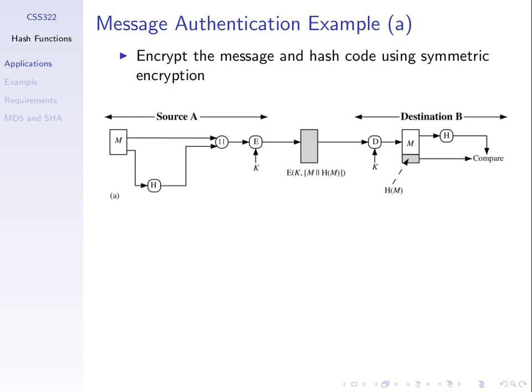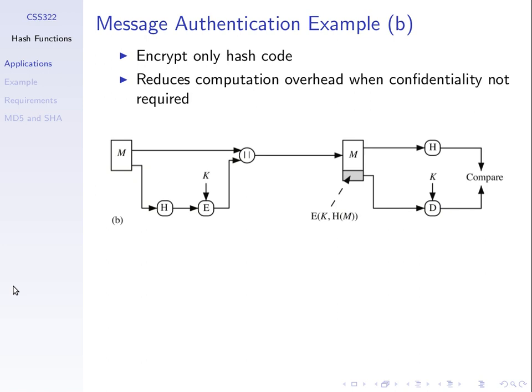Let's see another example of how we can authenticate. Here we take a message, we take a hash of that message, encrypt the hash value with our secret key, and send the message and the encrypted hash value across the network.